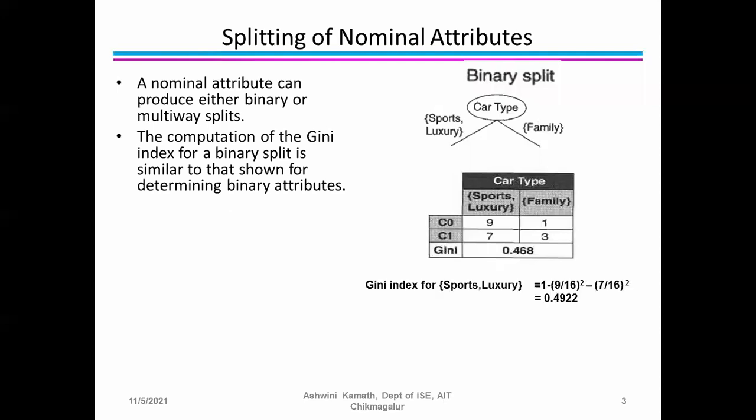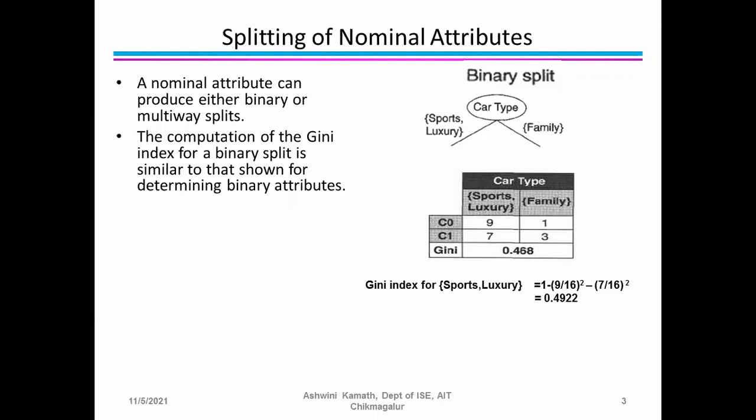Okay. So how to calculate the Gini index for this? First, we have to calculate only for the type which we have taken. The first type which we have taken is sports and luxury, right? Sports and luxury are in one group. So we have to calculate the Gini index for sports and luxury. So how to do that? Apply the formula. For C0 and C1 we have 9 and 7.